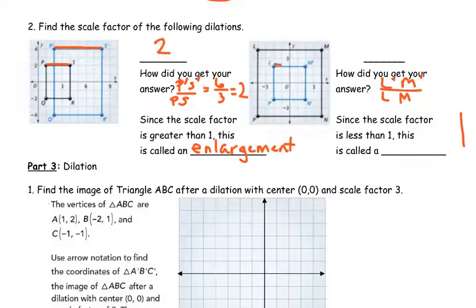So L prime M prime is 1, 2, 3, 4 units. And LM is 1, 2, 3, 4, 5, 6, 7, 8 units. 4 divided by 8 is 1/2. So my scale factor is 1/2. Since this value is less than 1, this is called a reduction.